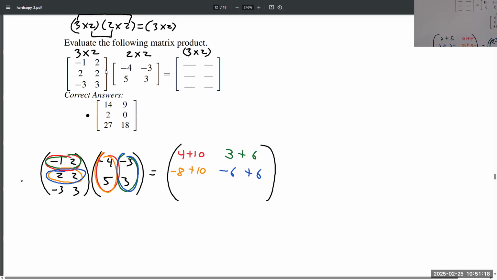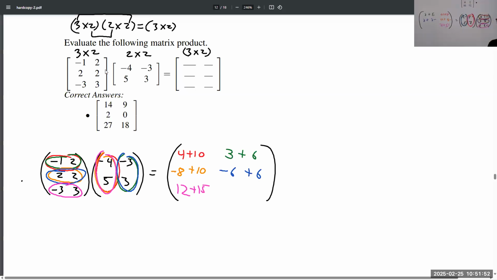Now we want third row, first column. -3 times -4 is +12, and then that would be plus 15.